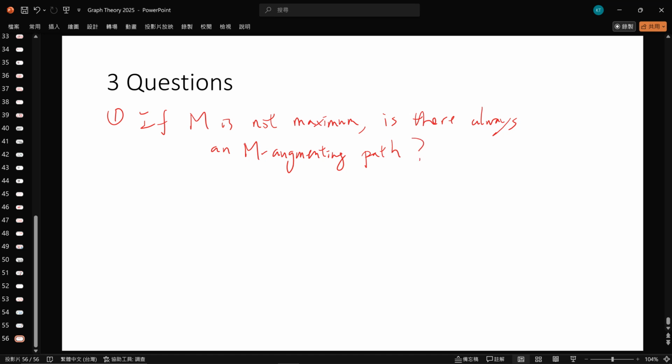It better be true. Otherwise, your algorithm may not find an M augmenting path because it does not exist. But as I mentioned earlier, the answer is true. Whenever the matching is not best, you can always find a way to improve it.